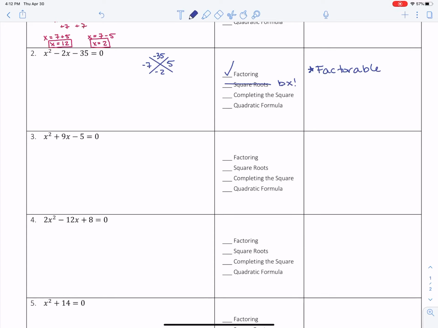The other thing that I'm going to say here is that factors of negative 35 that add to negative 2 exist. They absolutely exist, meaning that it is factorable.